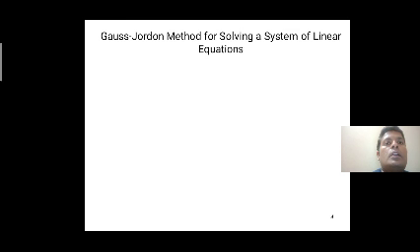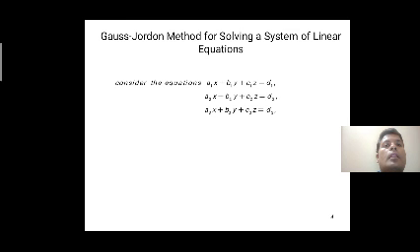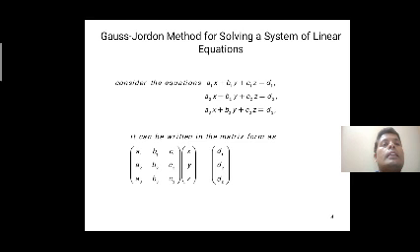Now we go to the Gauss-Jordan method for solving a system of linear equations. Consider the equations a1x + b1y + c1z = d1, a2x + b2y + c2z = d2, a3x + b3y + c3z = d3.